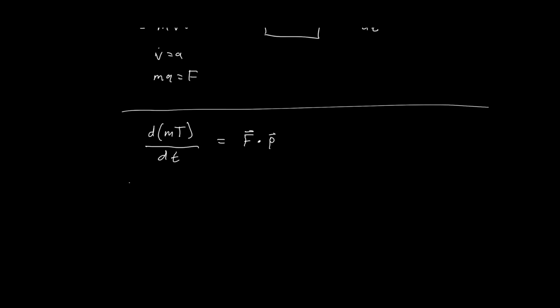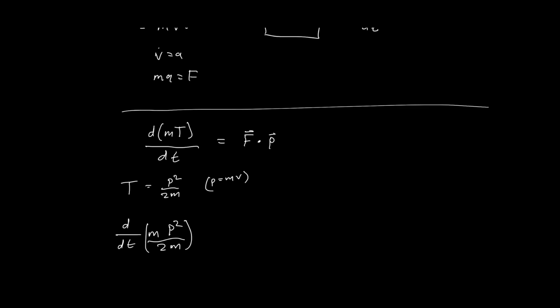So recall that the kinetic energy is also p squared over 2m, because p equals mv. So in that case, this derivative is m times the derivative of p squared over 2m.